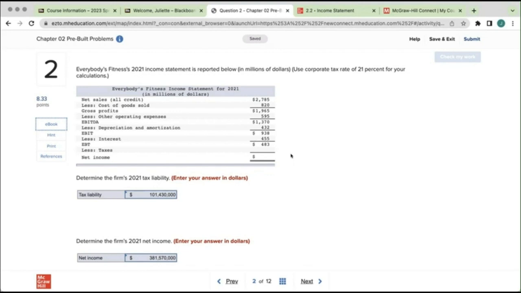Isn't that right? No, but according to this, EBIT is 938, and then you subtract 455 for interest. That's way more than 30% deductible interest.